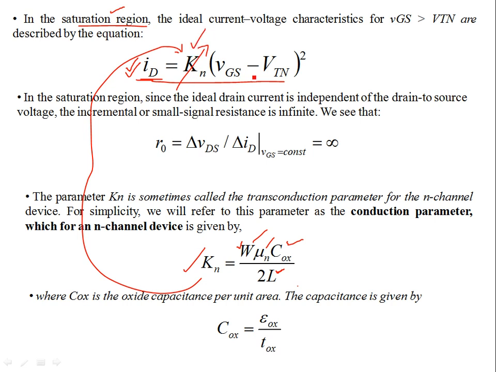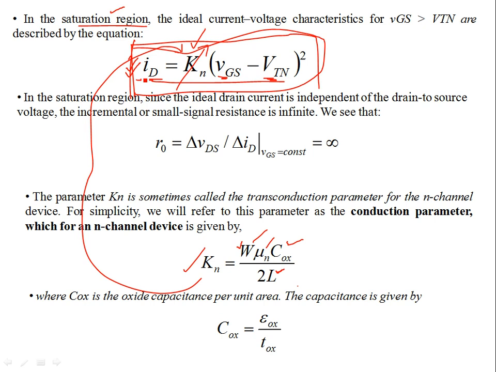That's the first thing. And for each given VGS, we have the transistor threshold voltage that is constant. So all we need to do is use this expression in the saturation to find the current that flows through the transistor.